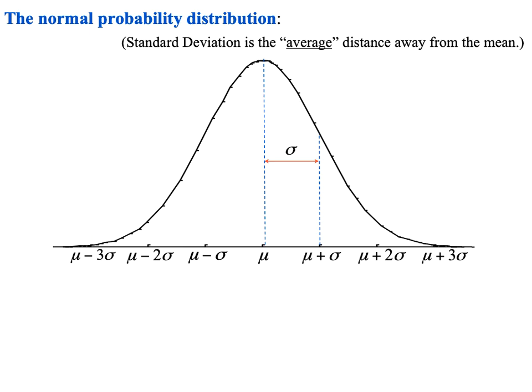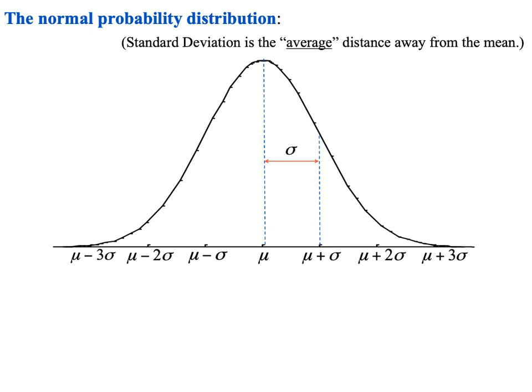And we already know what standard deviation is. We've been talking about that all year long. It's the average distance away from the mean, or the typical distance away from the mean. And then we also know that most of our probability, most of our data, if we conduct some sort of experiment, does fall within 3 standard deviations.